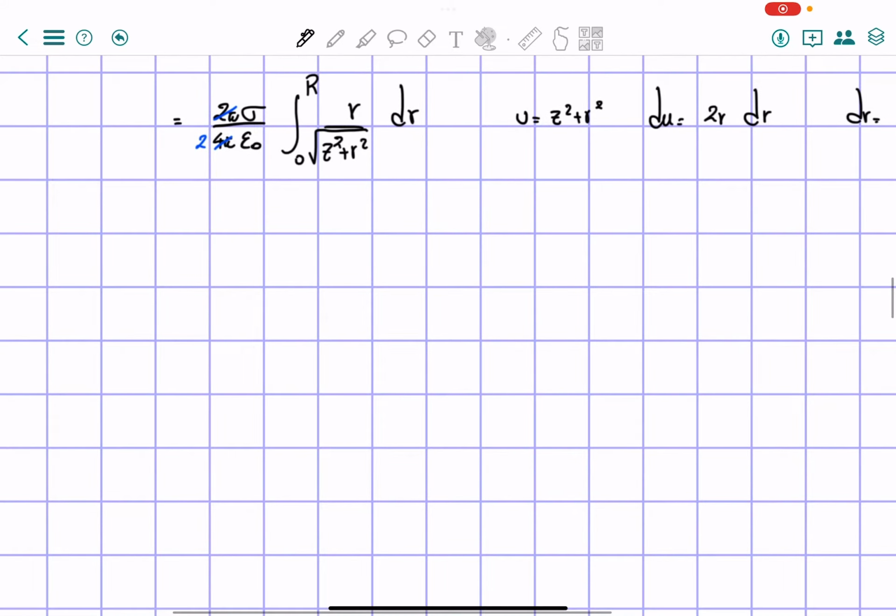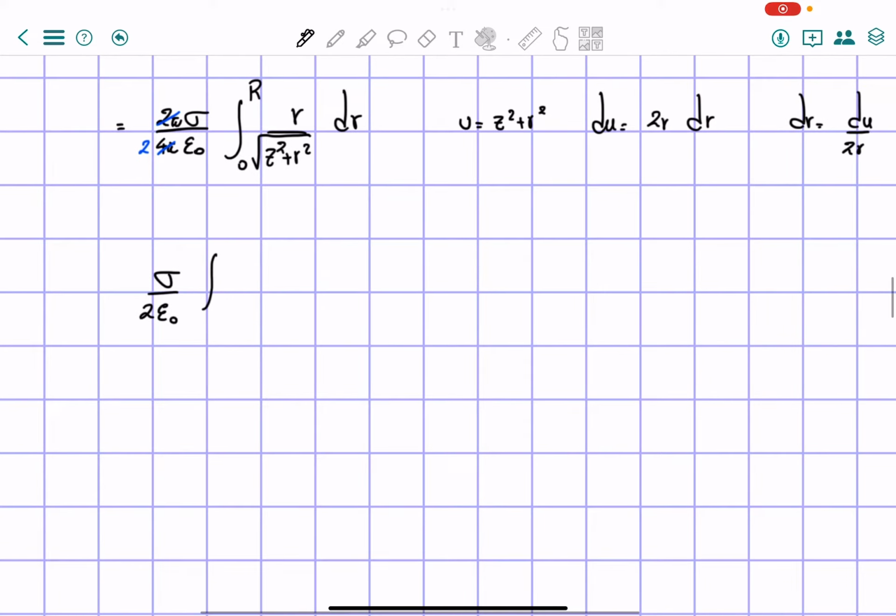So I substitute in here, and on the outside we have omega over 2 epsilon naught. And let's not worry about the boundaries now because we're integrating in terms of u. We have r on the top, like we said, and then u to the power of 1/2. Then instead of dr, we use du over 2r.